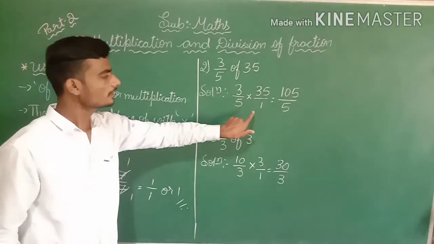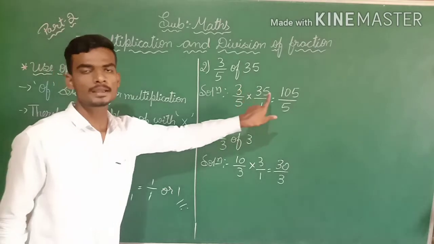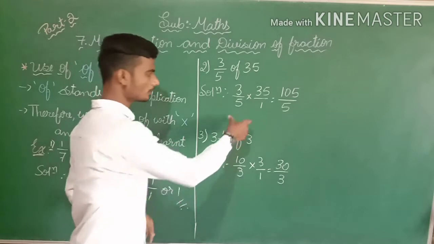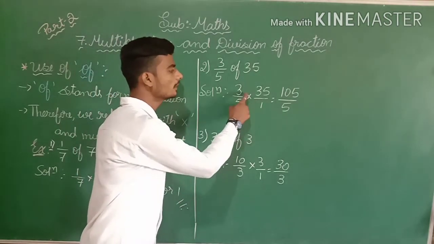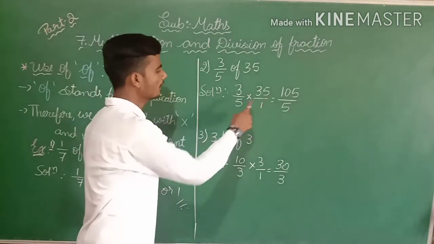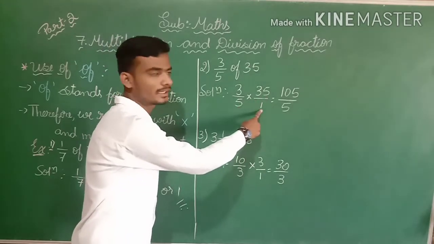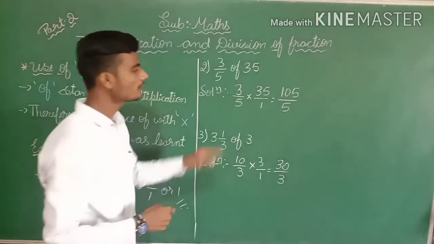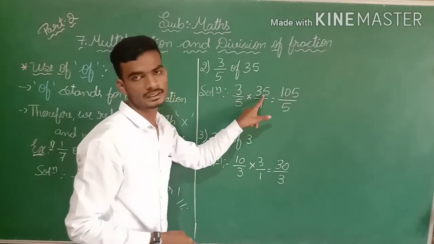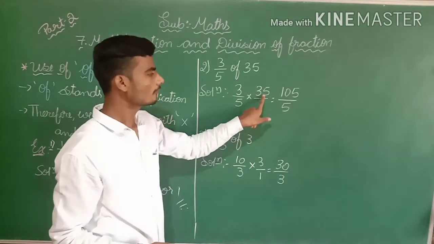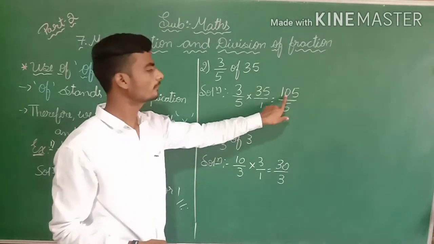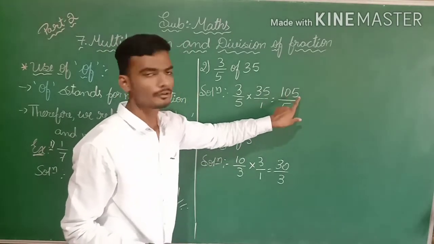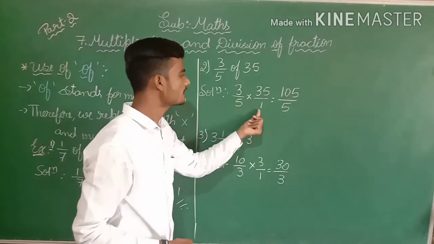Then after writing that, you have to multiply both the fractions, numerator with numerator and denominator with denominator. While multiplying numerator with numerator, here 3 into 35, what answer will we get? 3 into 35 you will get as 105.